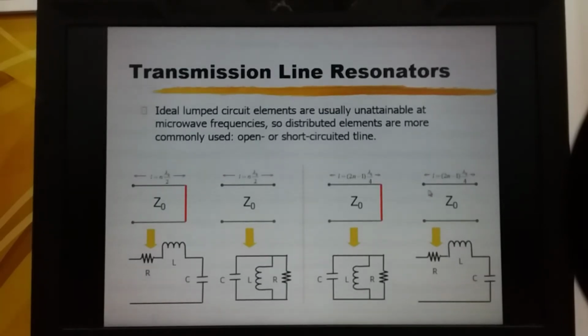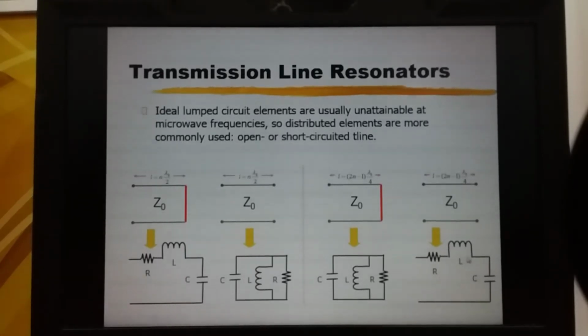And if a quarter wave transformer is open circuit at the end, infinity ohm will be transformed to 0 ohm. That is the behavior of a series resonator, which can be represented by an equivalent circuit consisting of inductor in series with a capacitor.